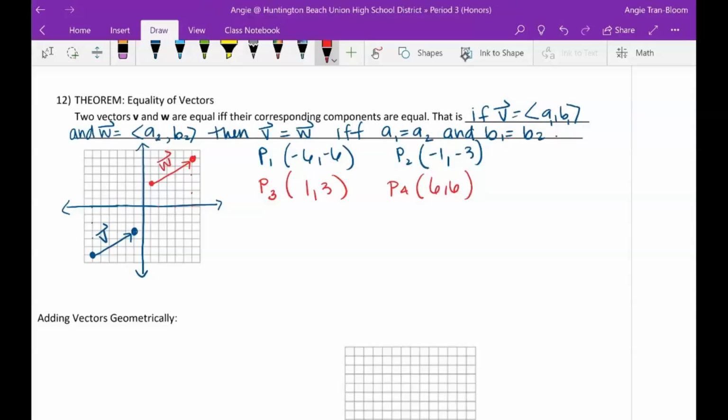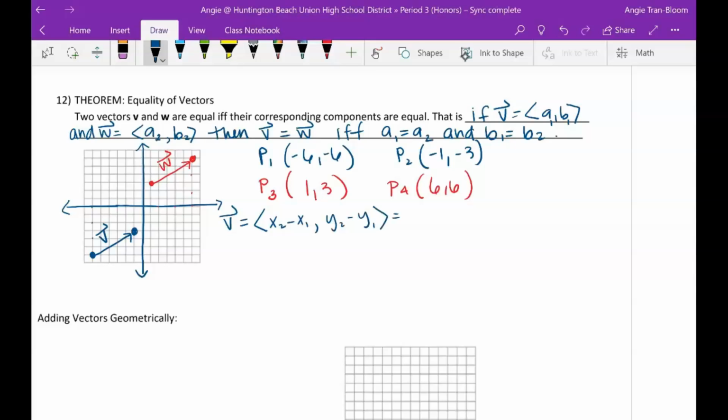Now, these two are totally in different locations. How do I know that they are the same or equal vectors? Well, vector V. Oh, let me use the same color as vector V. How do we find vector V? We have to take the components and subtract, right? So we can use x2 minus x1 comma y2 minus y1.